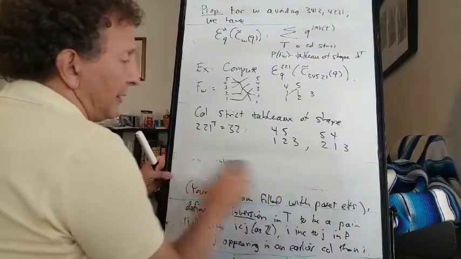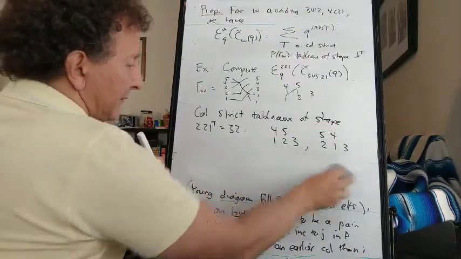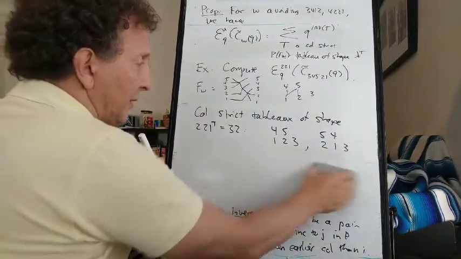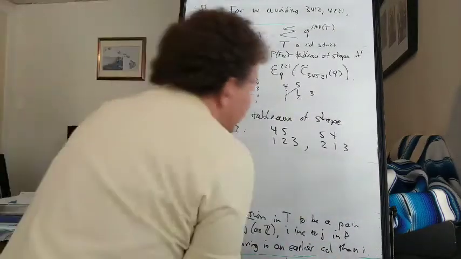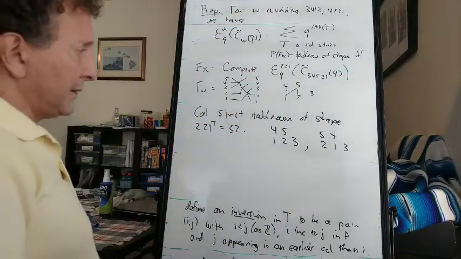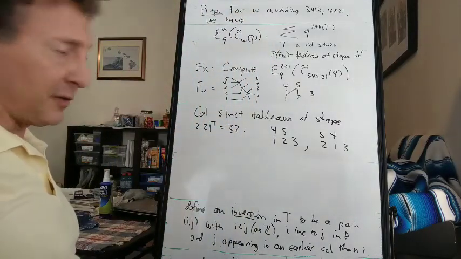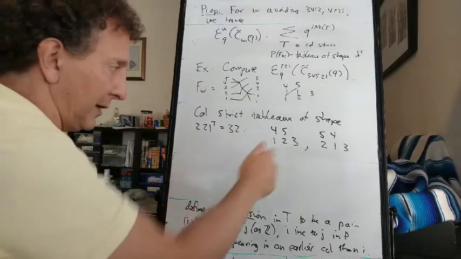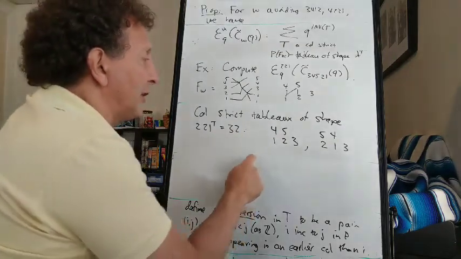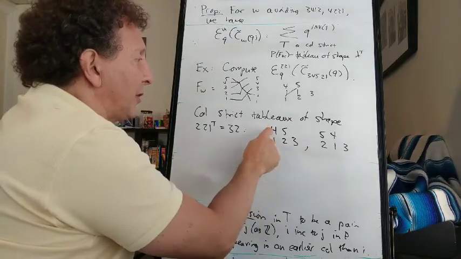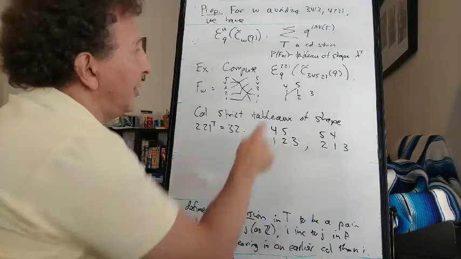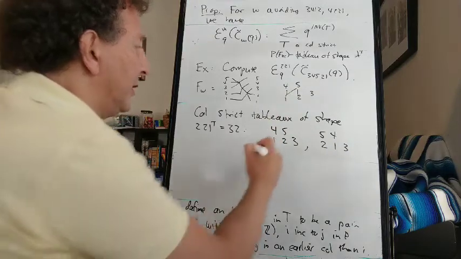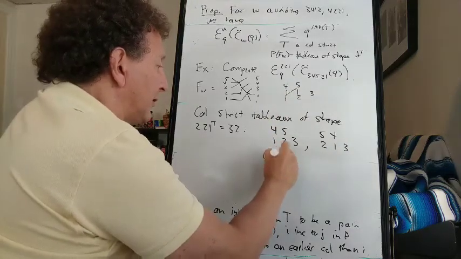Now we have to count inversions in these and assign each one q to the number of inversions. So we're looking for larger letters that are followed by smaller letters, not necessarily in the same row, but the smaller letter in a later column. For instance, 4 is greater than 3 as integers, and 4 and 3 are incomparable, so 4, 3 counts as an inversion.